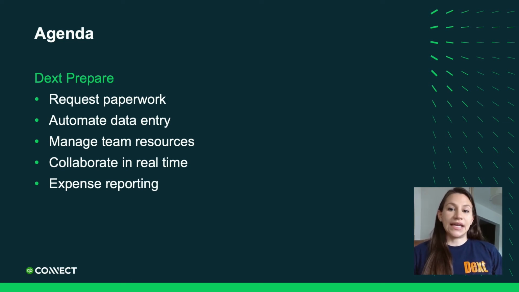Dext automates the data entry by extracting every line of detail from receipts, invoices, and bank statements with 99% accuracy. And then we can automatically pull data from over 1,400 suppliers like Amazon, so you don't have to chase your clients for that information.